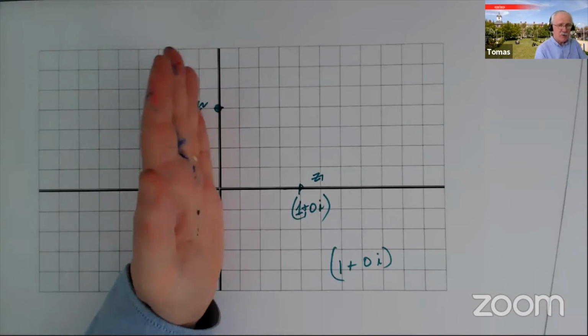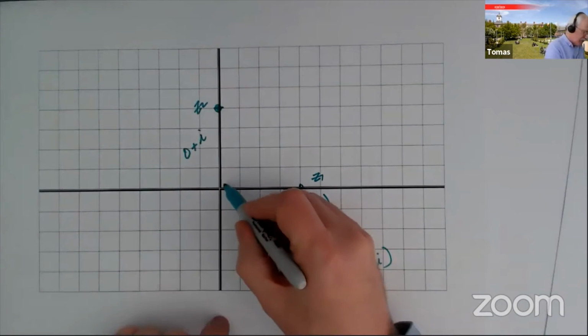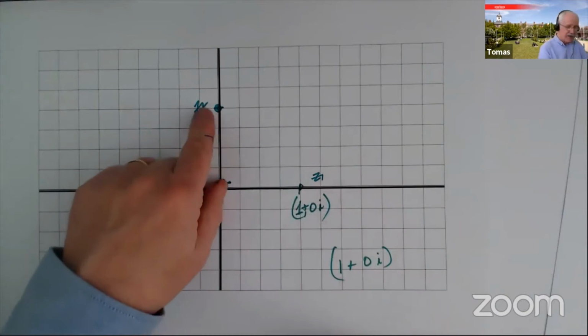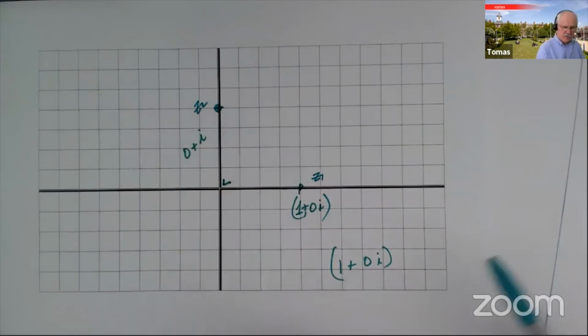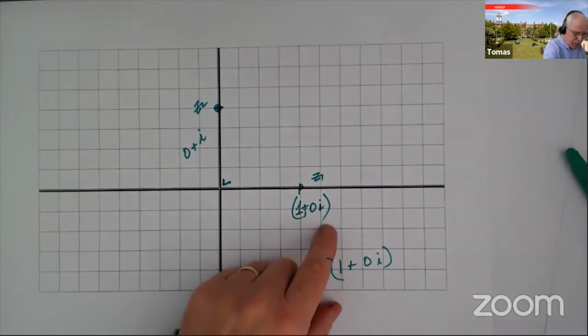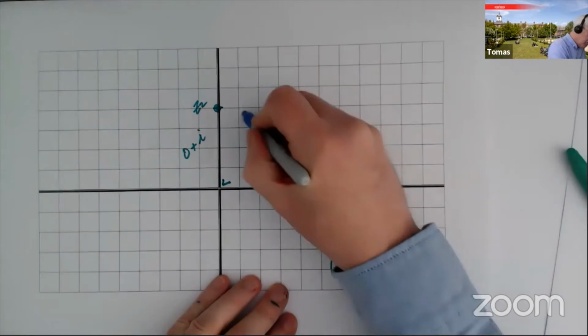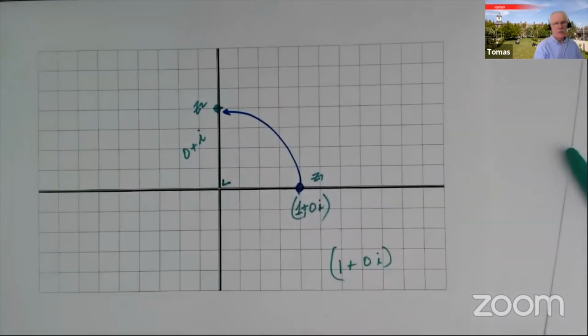In other words, anytime I multiply something by this, I'm multiplying by something that has an angle of 90 degrees. So if I multiply 1 by i, this point that was here somehow ends up there. It rotates through 90 degrees.